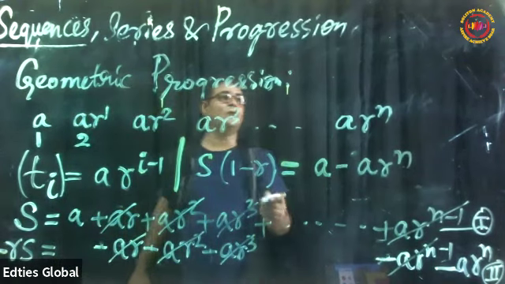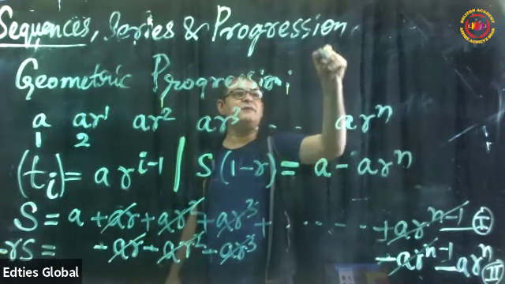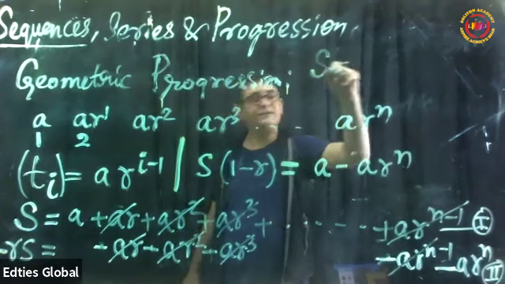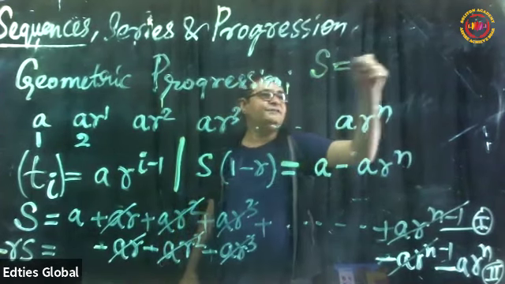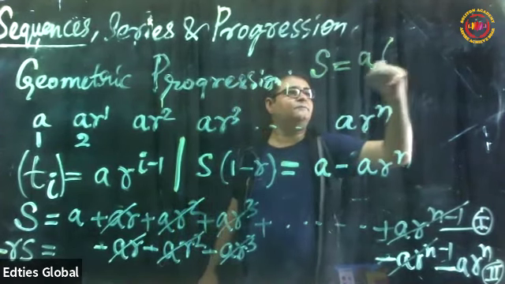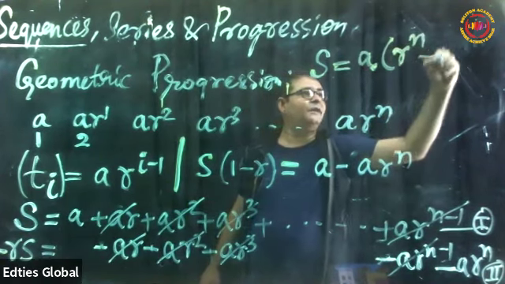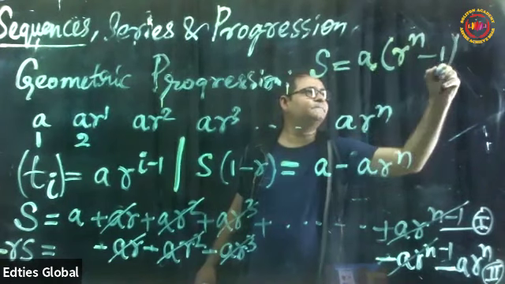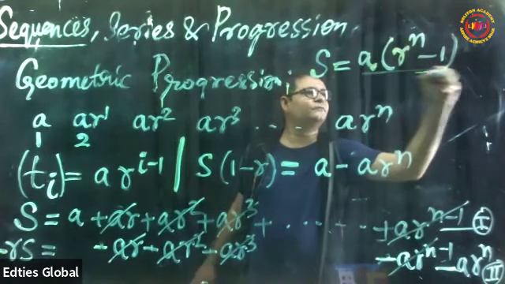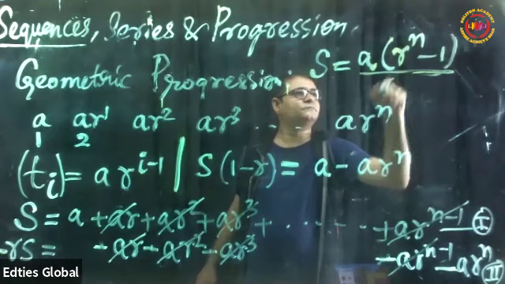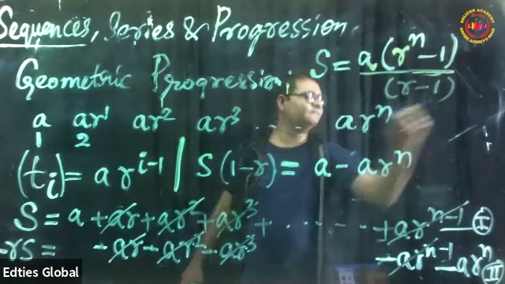So I can easily write the sum of this horrible series as A times R to the power n minus 1 divided by R minus 1.